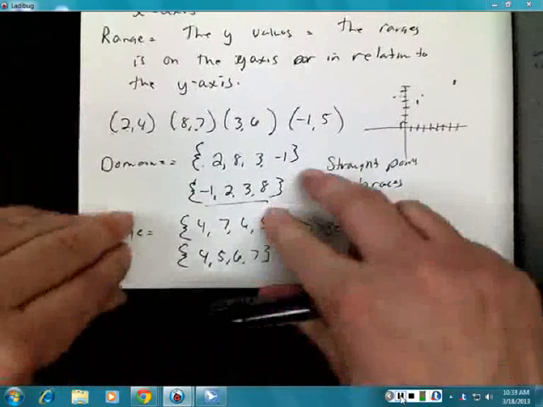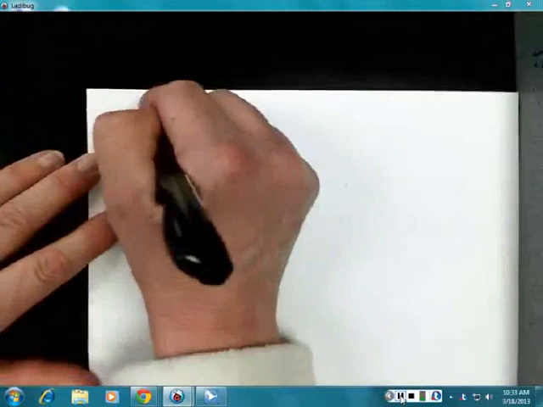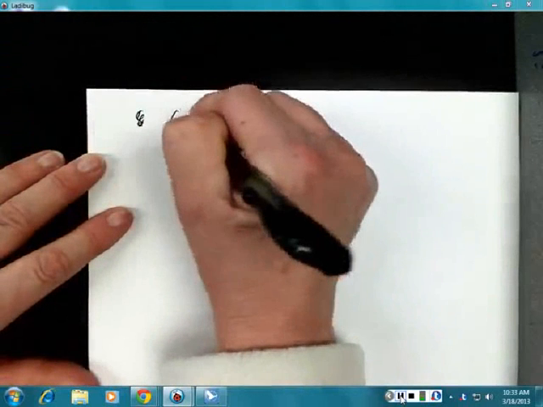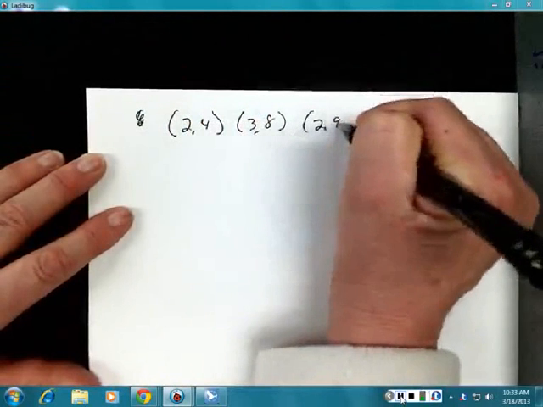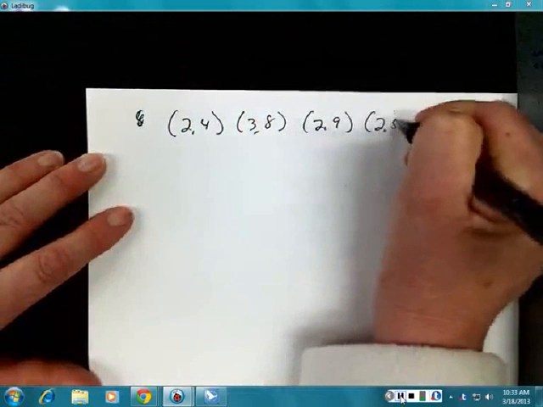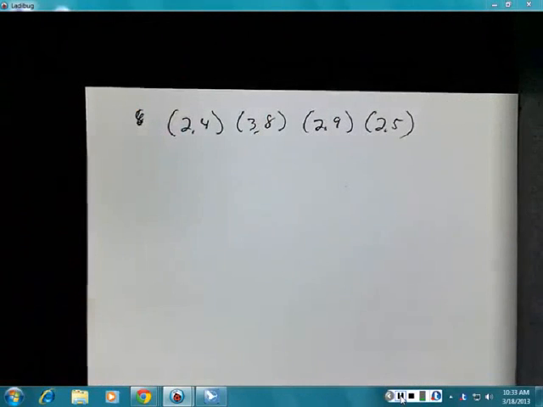Now, in these domains and ranges, not always do you have everything that's separate. So if you were given these points, (2, 4), (3, 8), (2, 9), and (2, 5), what would be my domain?